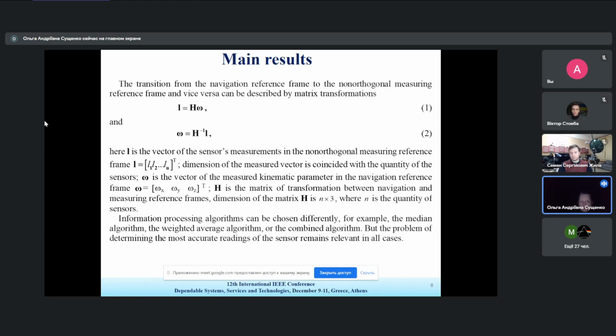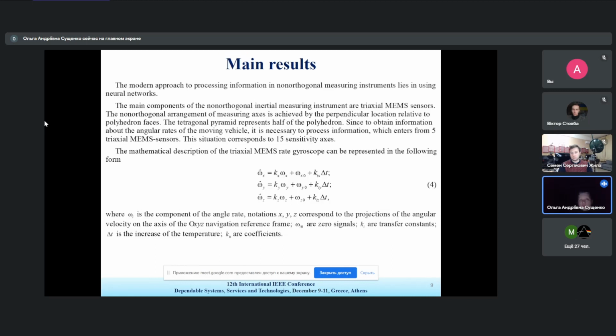But the problem of determining the most accurate readings of the sensor remains relevant in all cases. The modern approach to processing information in non-orthogonal measuring instruments lies in using neural networks. The main components of the non-orthogonal inertial measuring instrument are triaxial MEMS sensors.